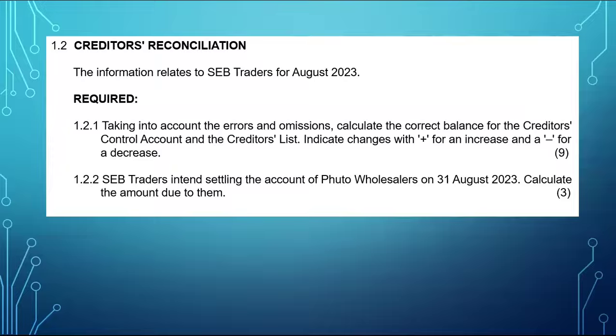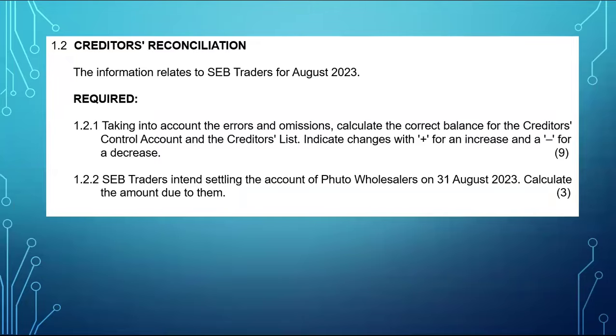In this case, it's not what they're really asking for. They want us to take into account the errors and omissions, calculate the correct balance in the creditors control account and the creditors list. So they don't need us to prepare the creditors reconciliation statement, as I've said earlier on, which is good. Indicate changes by plus for an increase and minus for a decrease.